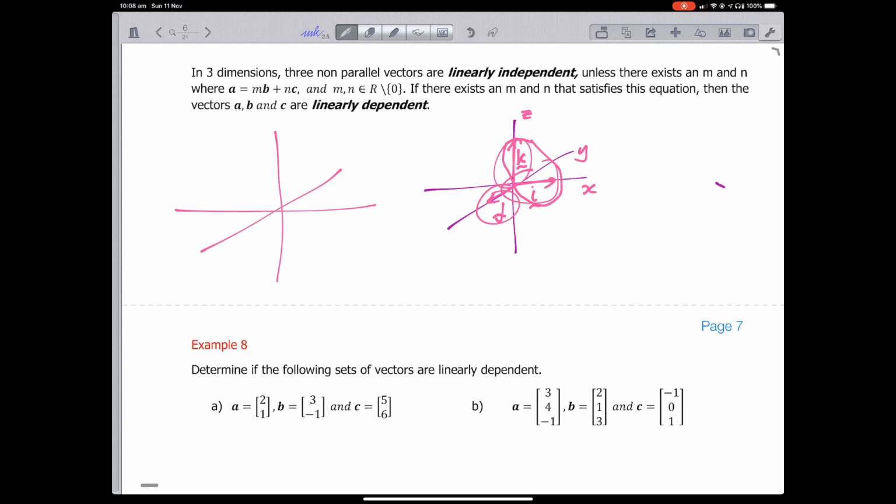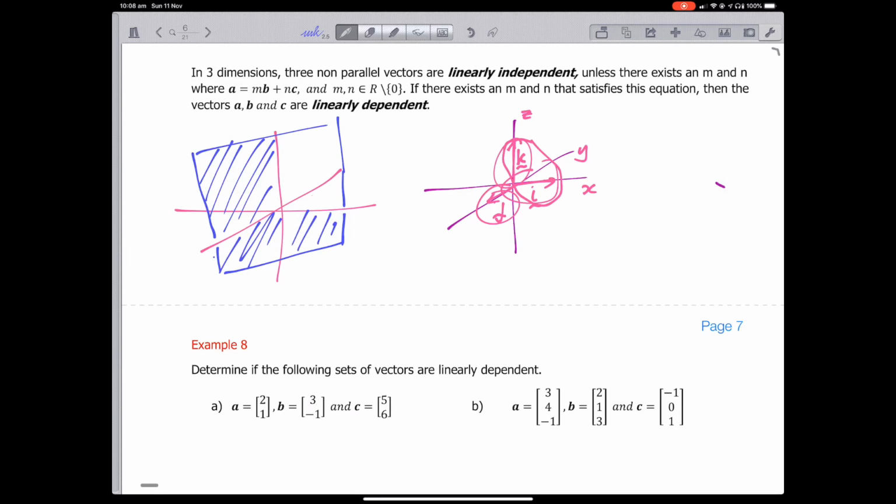Basically, if you think about it, I've got a piece of paper that's sitting in 3 dimensions.